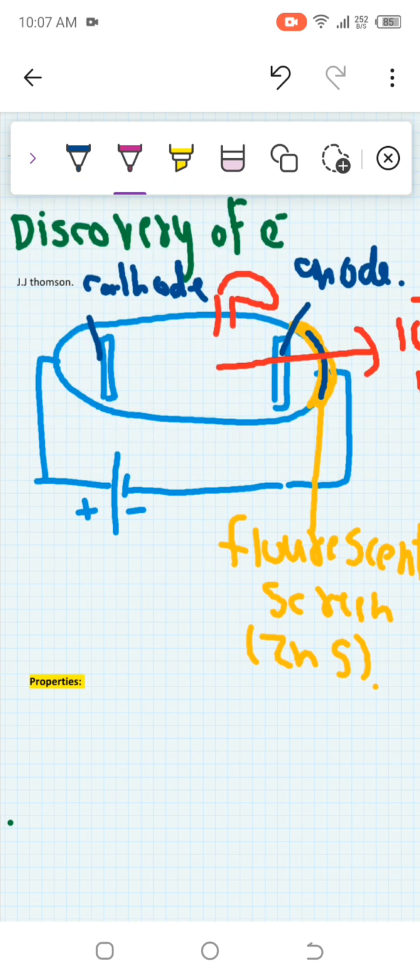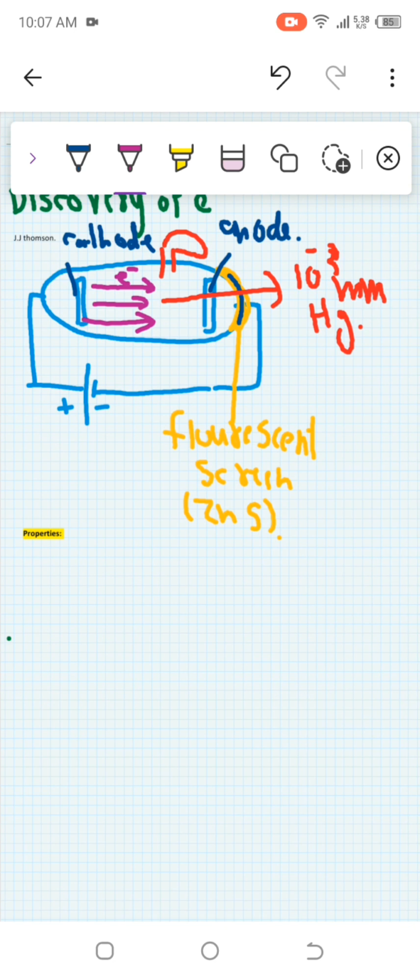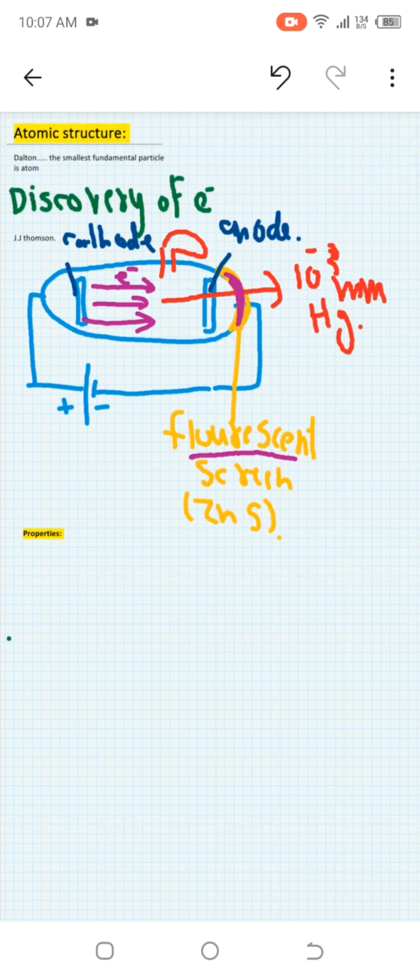He passed electrons from cathode to anode, and when he passed the electrons at the perforated sheet, light was reflected. There was a glow of light in a greenish yellow color, just because of this fluorescent screen. So he identified that there is a negatively charged particle.